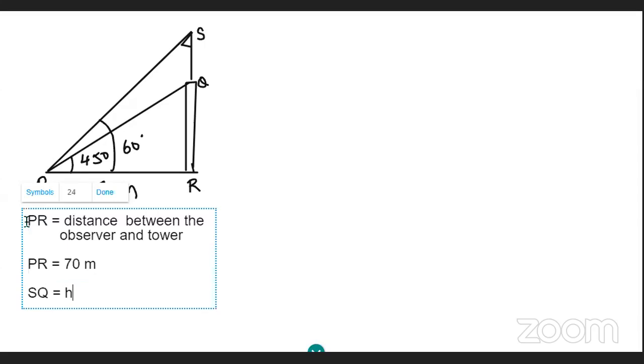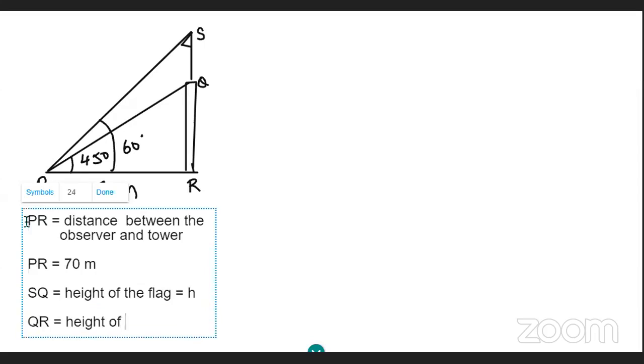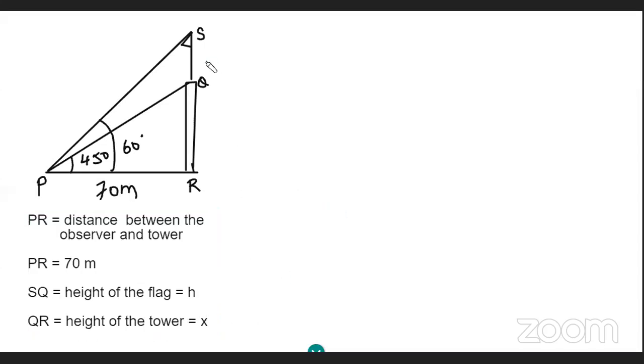SQ equals the height of the flag, sorry, my mistake, which is H, and QR equals the height of the tower, which I'm going to take as X. So let's label it. Okay, this is H, this is X.